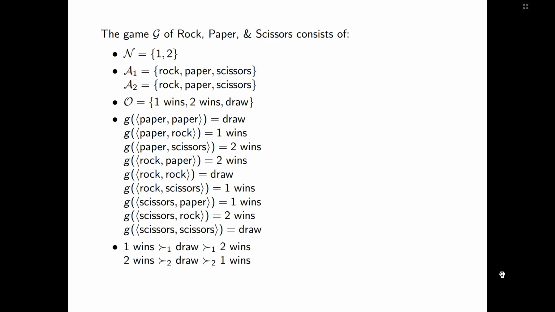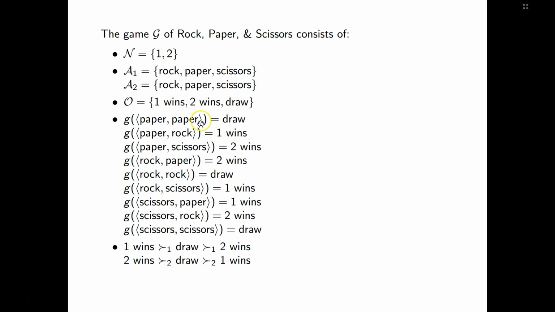The game of rock, paper, scissors then would look something like this. There are two players, player 1 and 2. Each player has an action profile: rock, paper, scissors. There are 3 possible outcomes: 1 wins, 2 wins, or a draw.